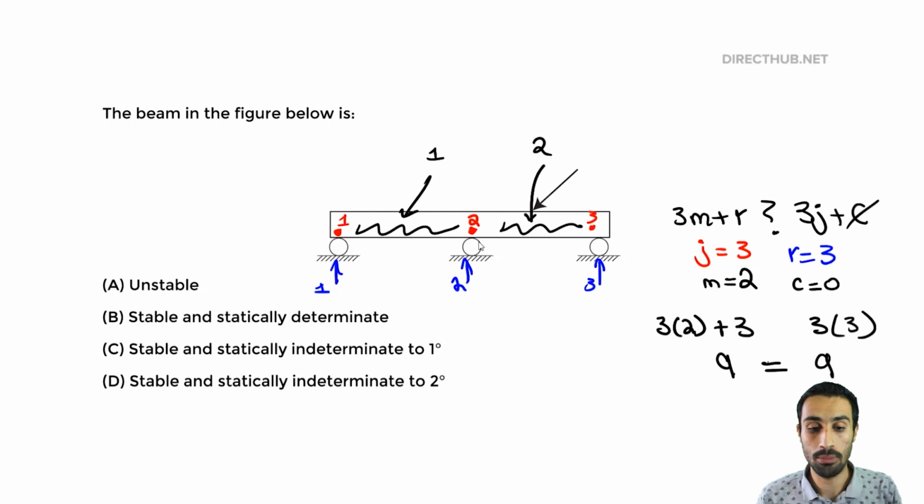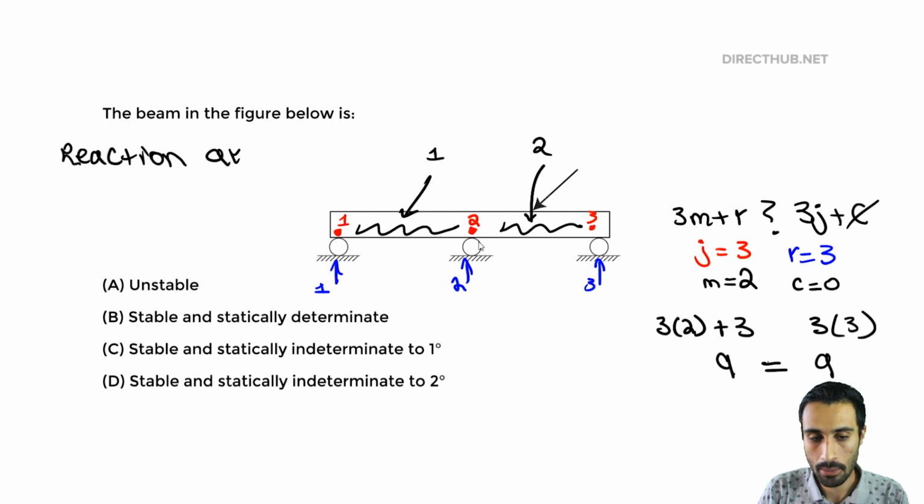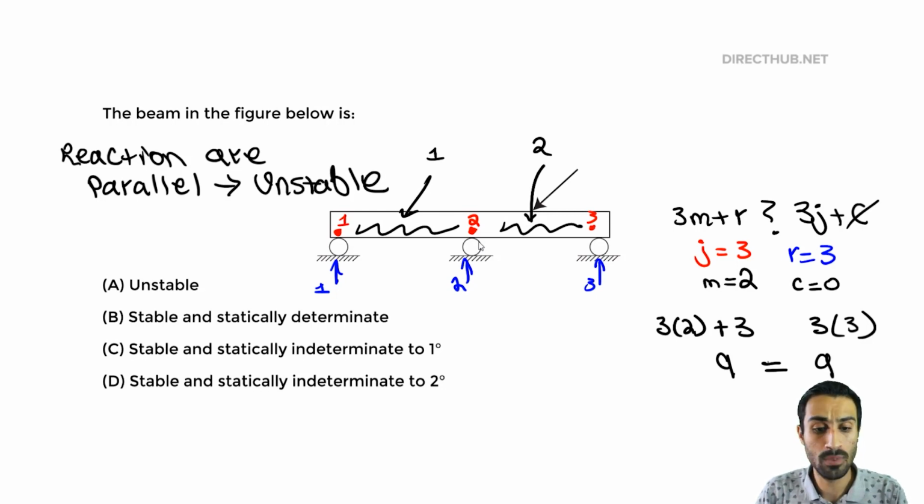So we know that the reactions are parallel, and that tells me this will be unstable. And you can even think of it intuitively. You can think of that force acting at an angle, or try your arm. If you push this, it's just going to roll, right? It will roll, and it's not stable.